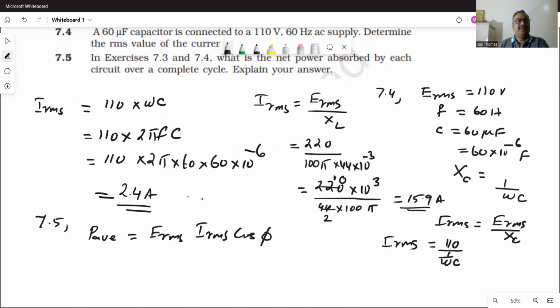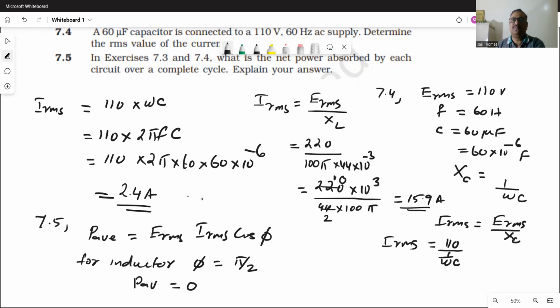But what is phi in an inductor? For the 7.3 question, it is a pure inductor. For an inductor, voltage leads the current by pi by 2. So phi is equal to pi by 2. So P average is equal to 0 because cos pi by 2 is 0.